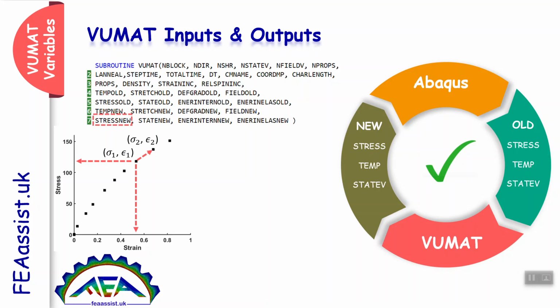In a dynamic way, the strategy is that the new value is the old value plus the derivative function, which is the function of the slope of the diagram and the incremental amount of the strain, as you can see here. For example, in elasticity and elastic problems, the slope is the elastic modulus or elasticity stiffness matrix. Well understanding of all these variables is necessary to write a good FEAassist.